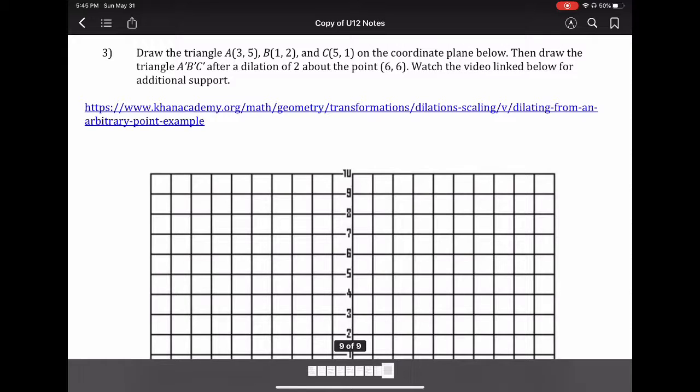If you do have an interest in that, the link that is shared on the page here, it's a Khan Academy link, will be really helpful in helping you learn how to dilate when your center of dilation is not on the origin.